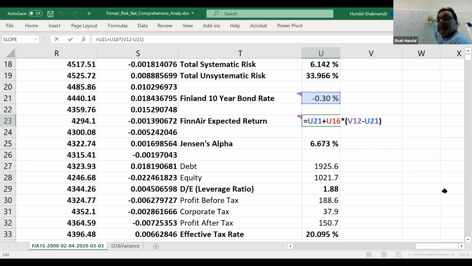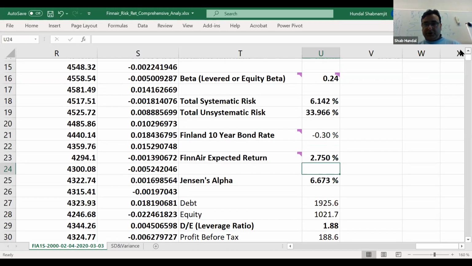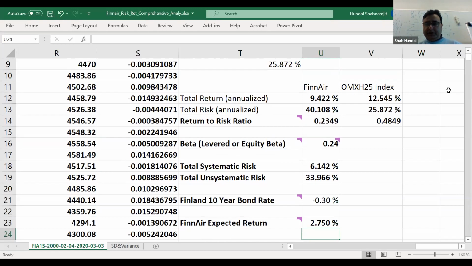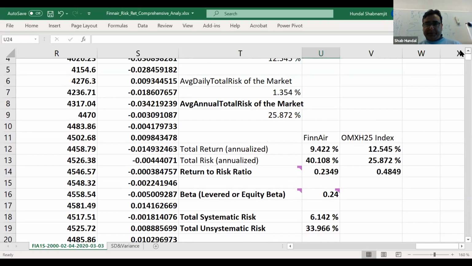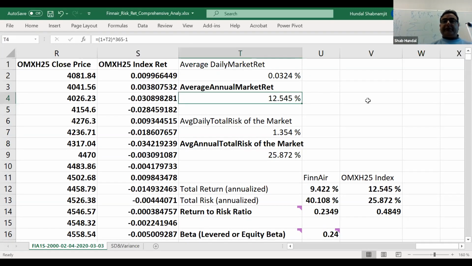Market return, which is the VM column. I have calculated it here. I can show you VM. Where is VM? Sorry. Yeah, V market return, which is here. Yeah, 12.545. So the average market return, the index has grown 12.545 a year in the last 20 years.